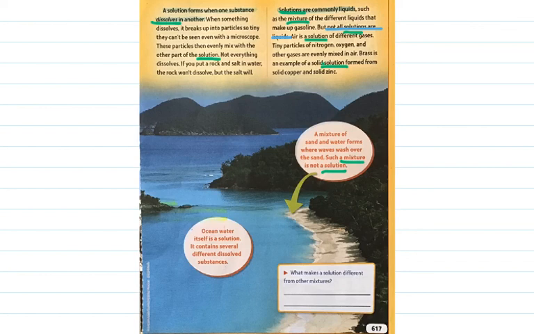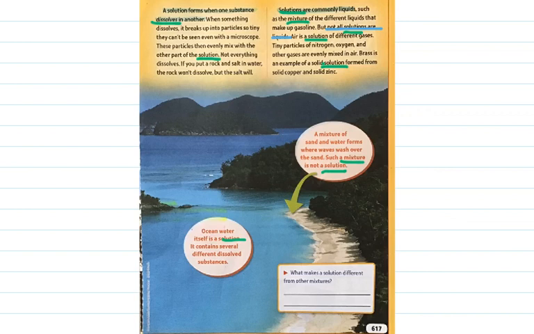So a mixture is just there and it mixes together. A solution is mixed evenly. So the ocean water itself is a solution and it contains several different dissolved substances. Now, when you think ocean water, what do you think? Yeah, salt water. Salt water is evenly mixed, so it is a solution. When that salt water washes up on the sand, it is a mixture. Does that make sense? Okie dokie.